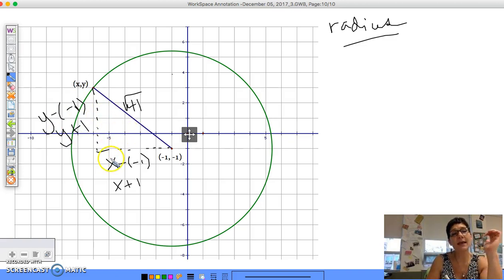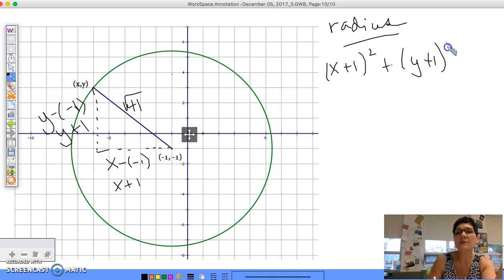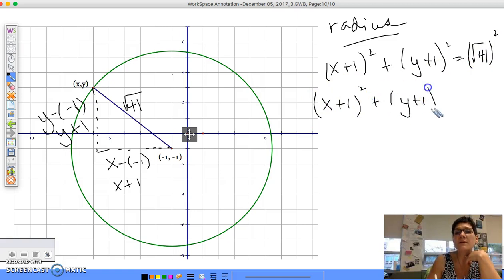Now we're going to do the Pythag swag because we have ourselves a right triangle. So this is x plus 1 squared plus y plus 1 squared is equal to the square root of 41 squared, which is 41.